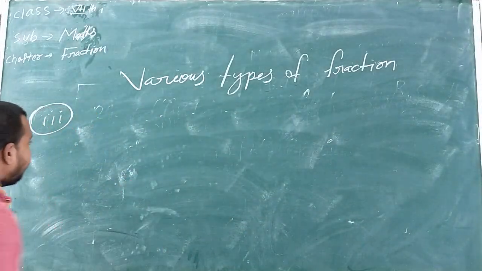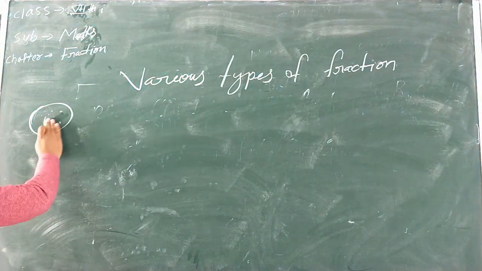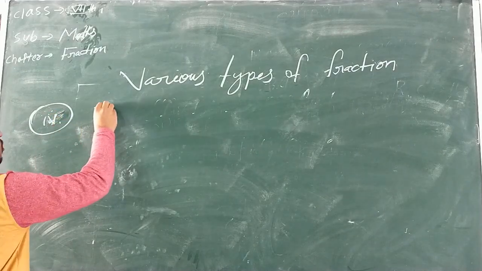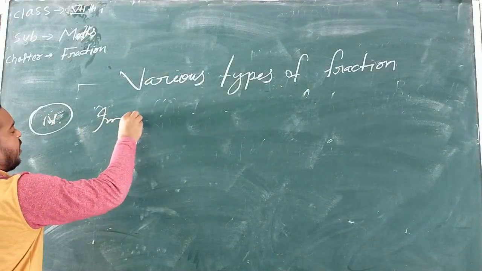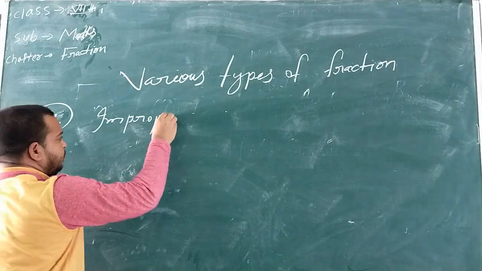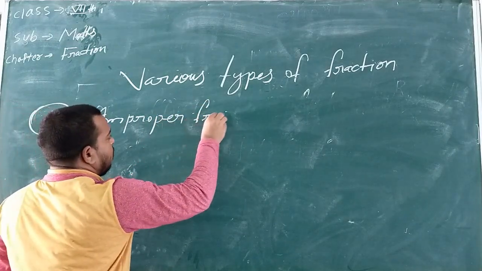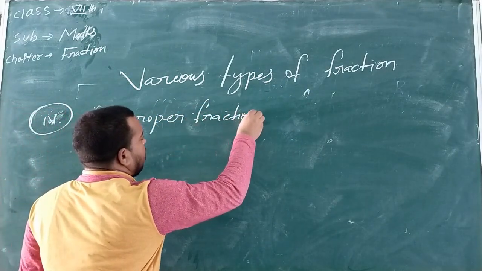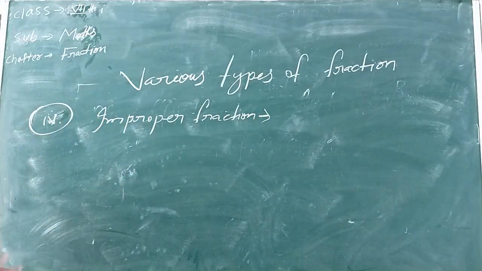Now the fourth kind of fraction is the improper fraction. What is an improper fraction?